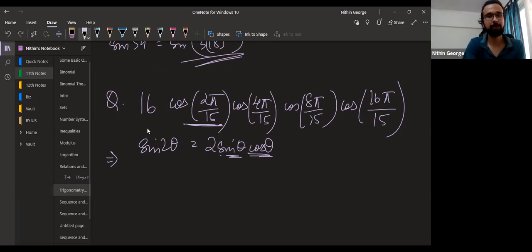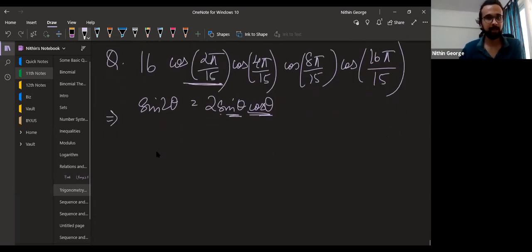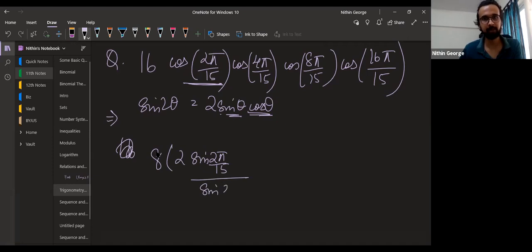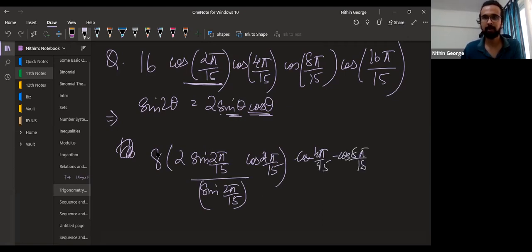I'll show you. I'll multiply this with, I'll write 16 as 8 because I'll take 2 out. Then I'll multiply inside by sine 2 pi by 15 and the denominator becomes sine 2 pi by 15. And then I get cos 2 pi by 15 and the remaining terms cos 4 pi by 15, cos 8 pi by 15 and cos 16 pi by 15.